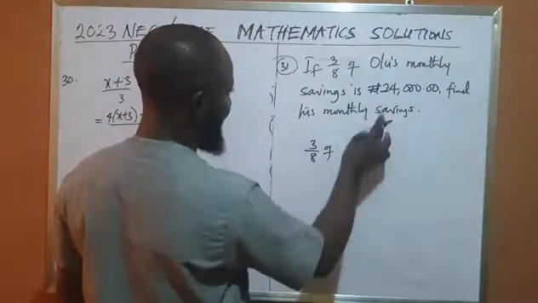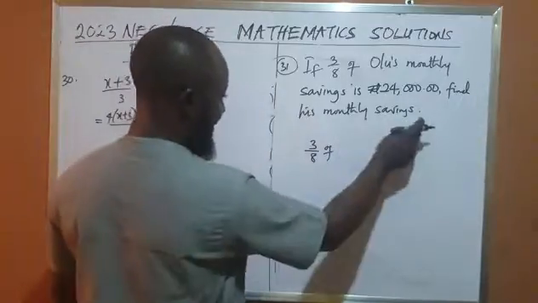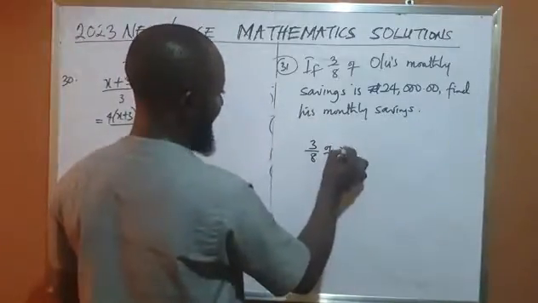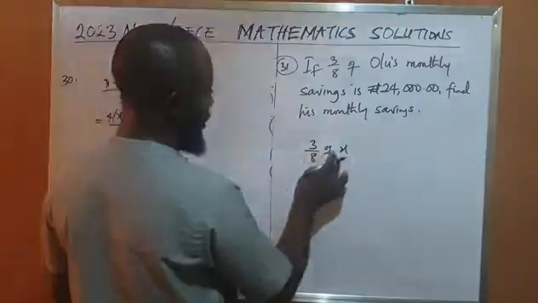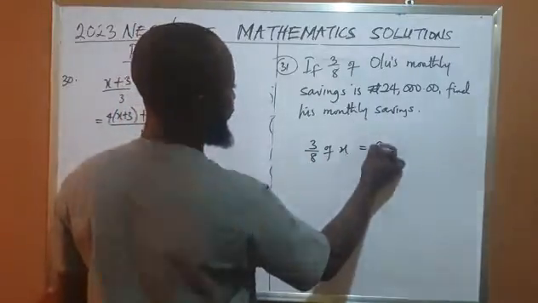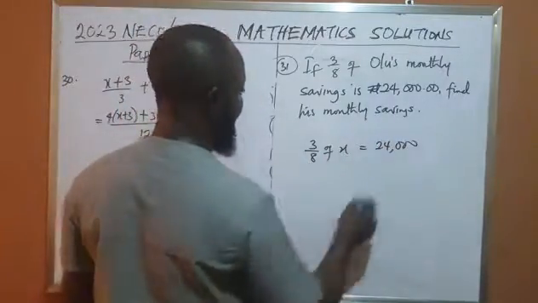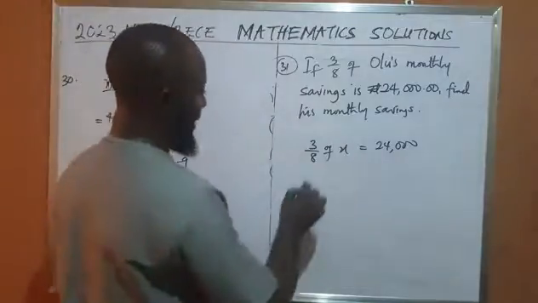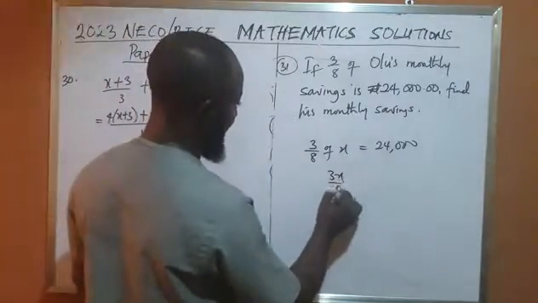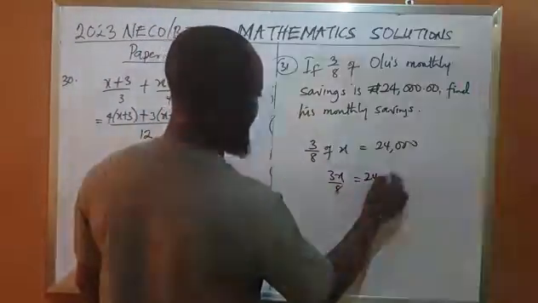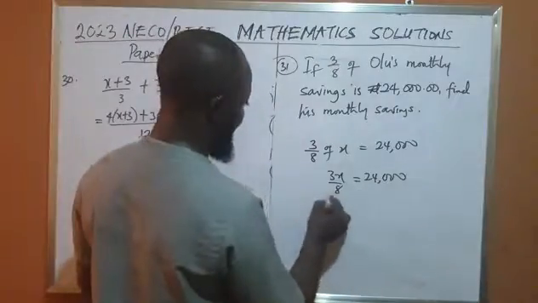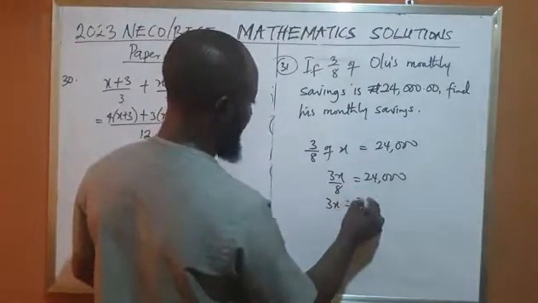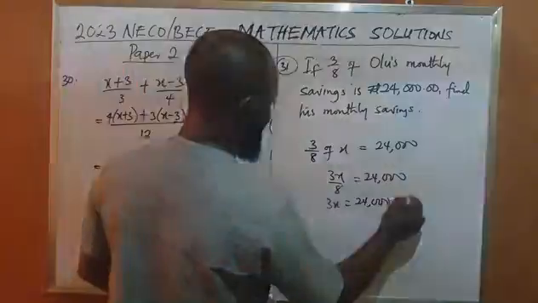Let the savings be x. So 3 over 8 of x is equal to 24,000 naira. That will be 3x over 8 equals 24,000. When you cross multiply, we have 3x equals 24,000 multiplied by 8.